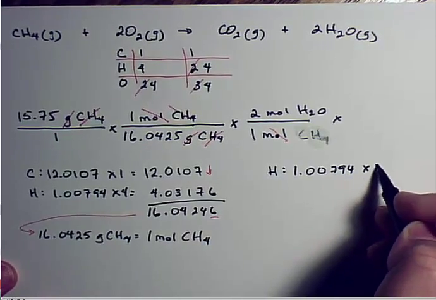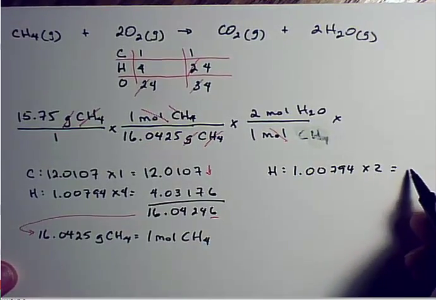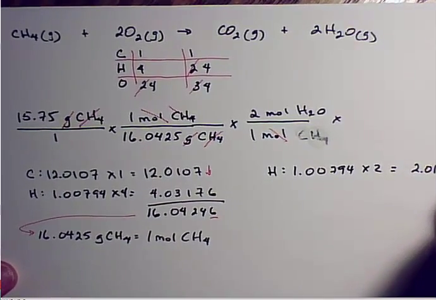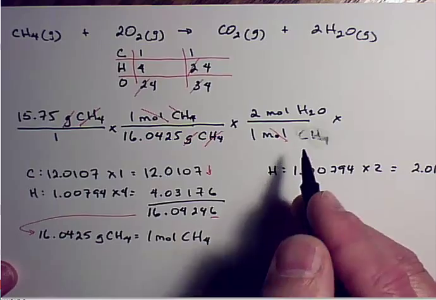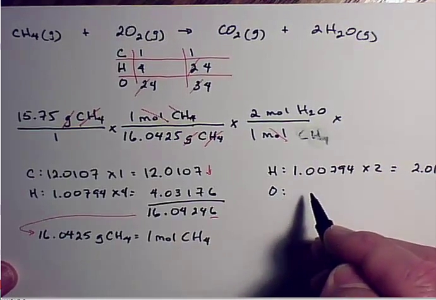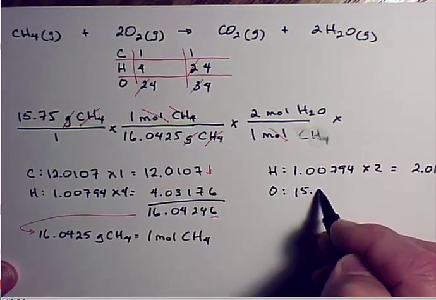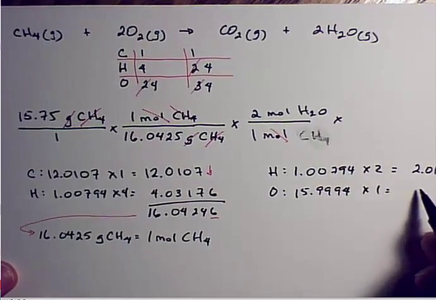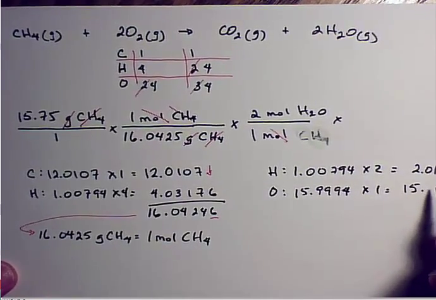1.00794 times 2, because there's 2 hydrogens in water. 2.01588. Guys, you really need to pay attention up here. 15.9994 times 1. There's only one of those, so it's going to stay the same.